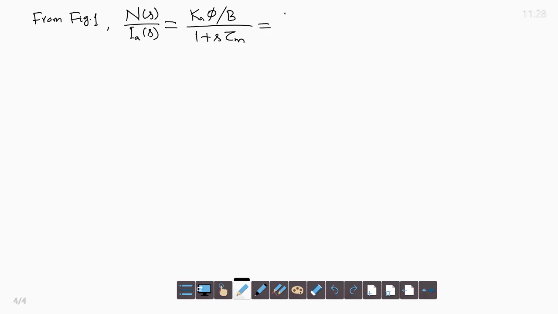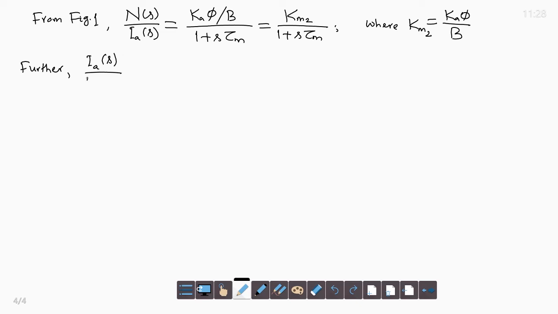Let us denote it as Km2 divided by 1 plus sτm, where Km2 is Kaφ divided by B. Further, the transfer function armature current Ia(s) by applied voltage Ea(s) can be written as speed N(s) divided by Ea(s) into Ia(s) by N(s).